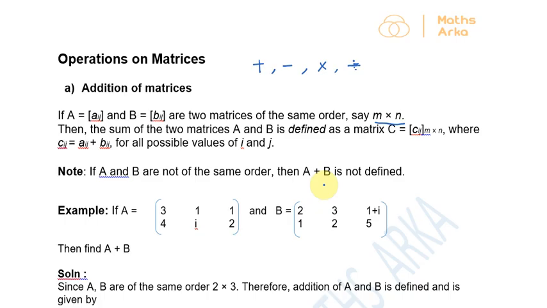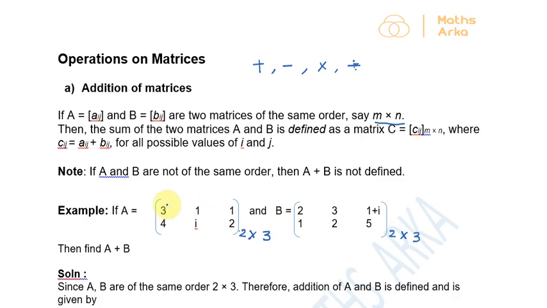Then only we can define A plus B. Now in the example, A is this matrix and B is the given matrix, and we find A plus B. First of all, we see what the order is. The order is 2 rows and 3 columns, so 2 cross 3. And the same order is here as well, 2 cross 3. So these two matrices can be added.